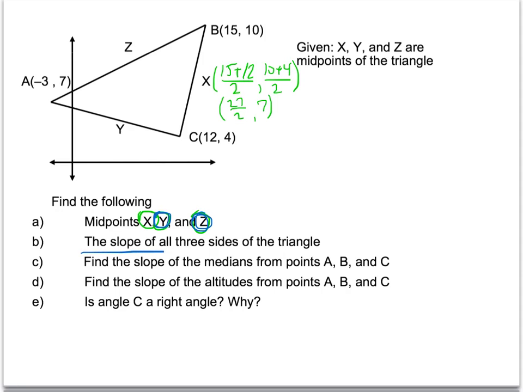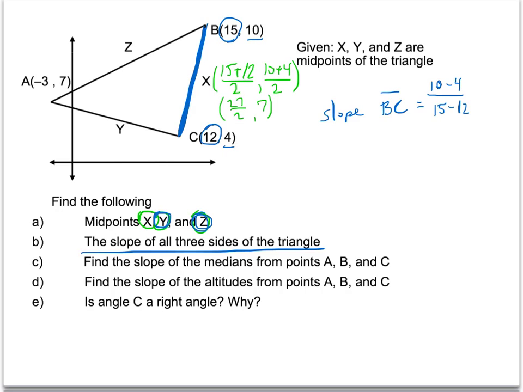Also, I want the slope of all three sides of the triangle. We'll do one together, and you can do the other two on your own. So we're going to find the slope of line BC. And that's simply, again, going to equal y minus y divided by x minus x. 10 minus 4 divided by 15 minus 12.